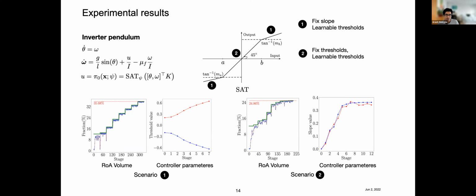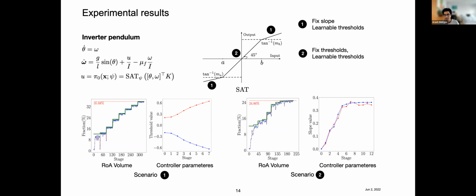For example, consider this inverted pendulum system, and let's assume that we put a saturation function on the controller. This means that the control signal has to pass through the saturation function. The saturation function has two parameters here. One is the slope of the saturation, and the other is the angle that controls the saturation level.